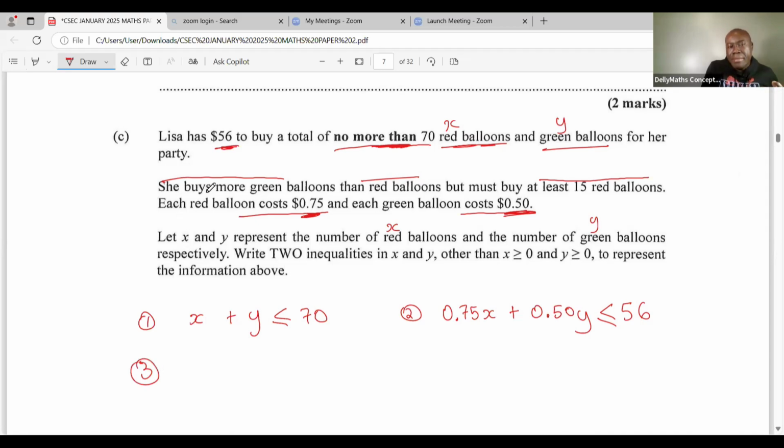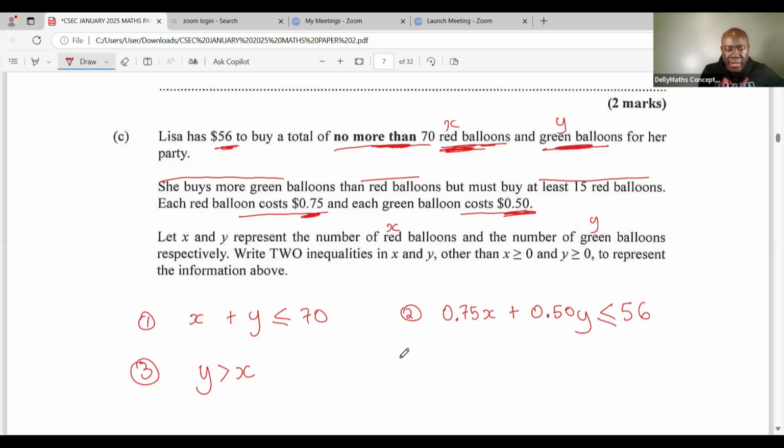Right here it says she buys more green, and green is y, than red. So green must be greater than the red, so y is greater than x, right? Because green is y and red is x.